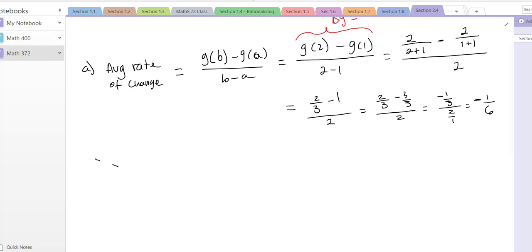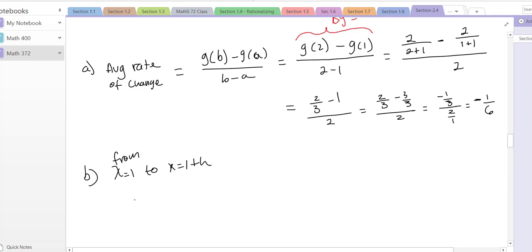Okay, so part B is the average rate of change between x equals 1, so from 1 to, what was it, 1 plus h. So in this case, the average rate of change is going to be g of b minus g of a over b minus a.